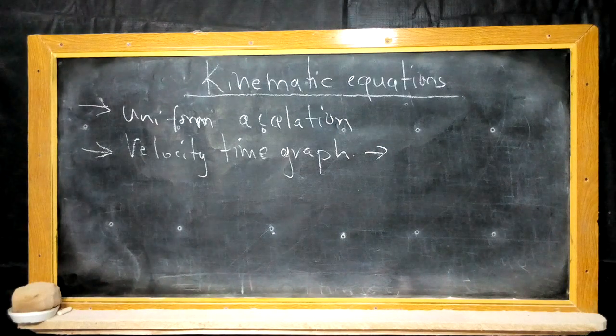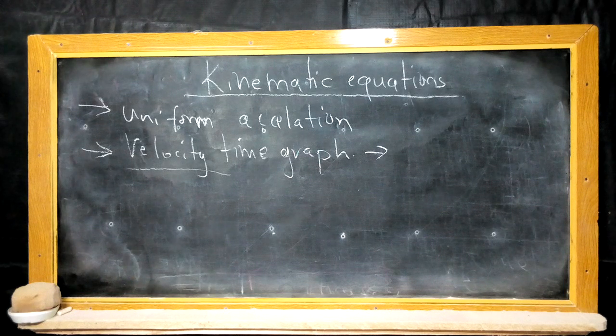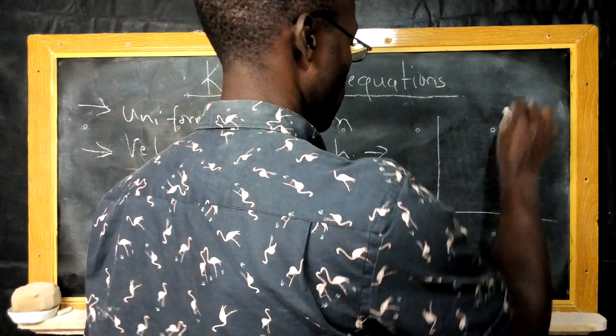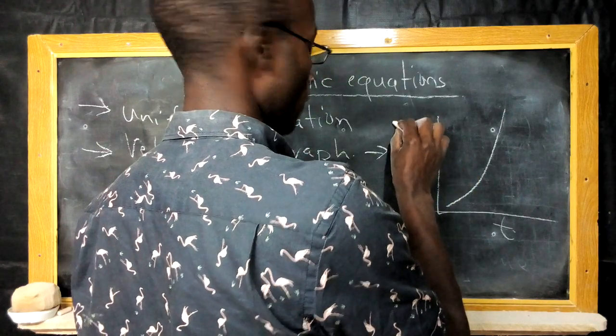So which means we talked about uniform acceleration for the velocity time graph, and then there was a non-uniform one that looked like an exponential curve, which was like this. So this is the time against velocity.